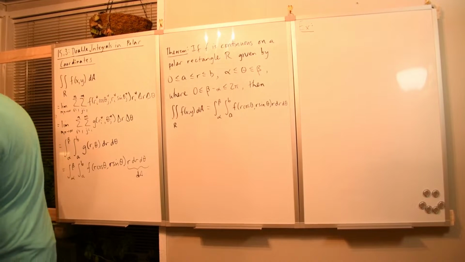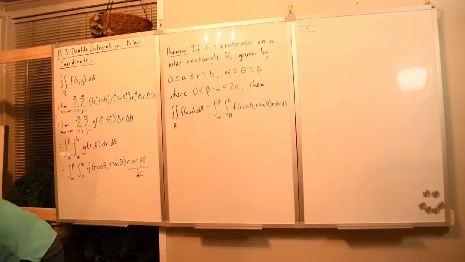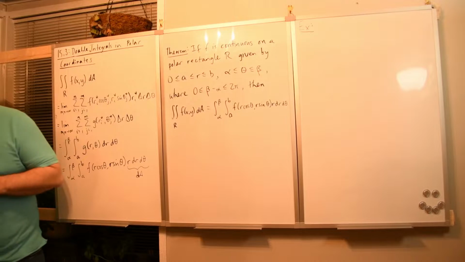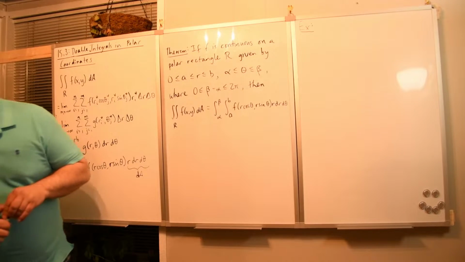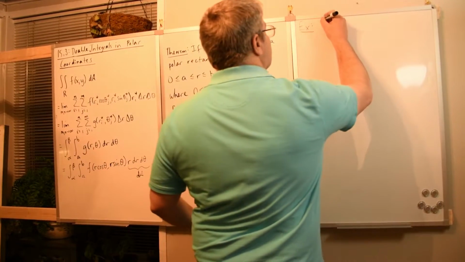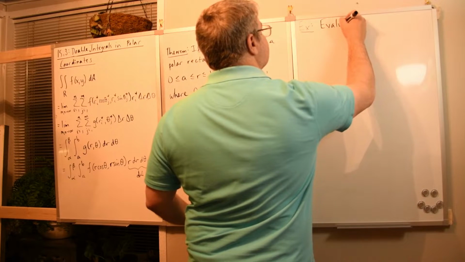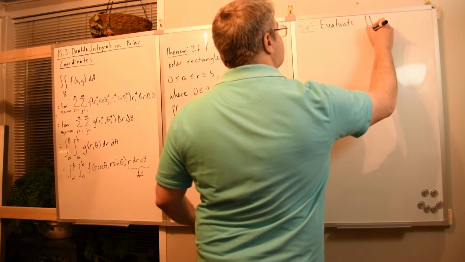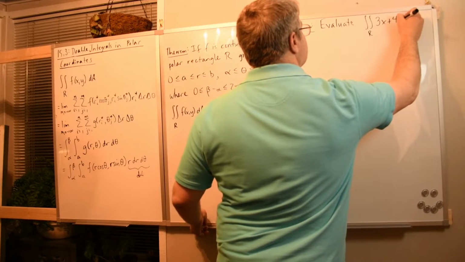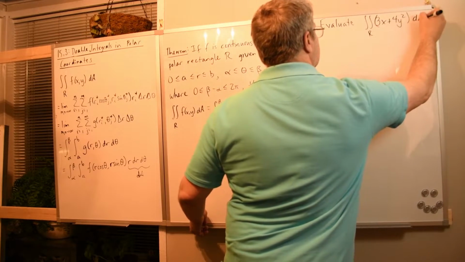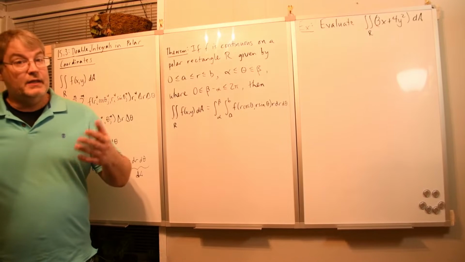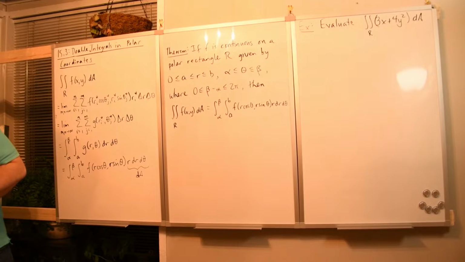All right, so let's take a look. We're going to have the double integral over R of 3x plus 4y squared dA. Now, of course, we need to know how R is described.